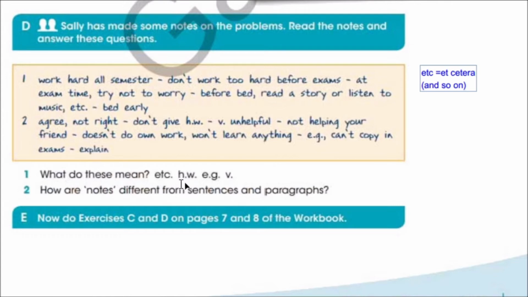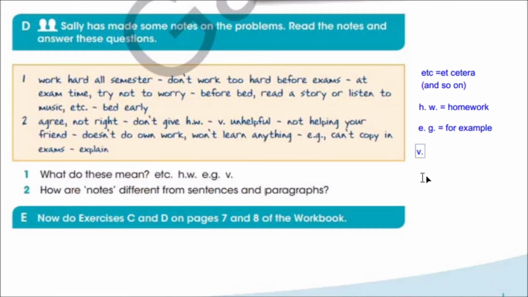Very good. Now HW means what? HW means, very good, homework. Good job. EG. EG means what? Very good. For example. And the last one is what?